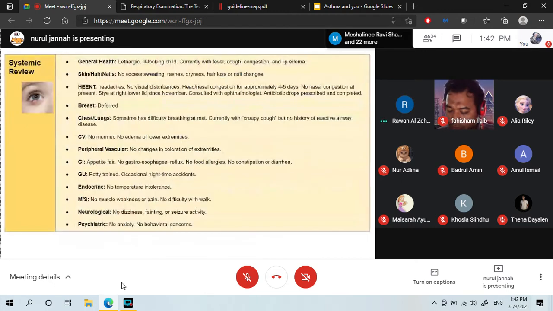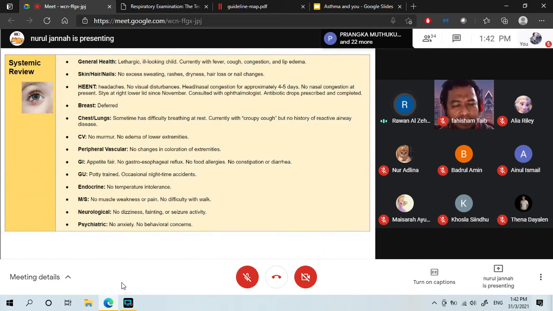Next slide. For the systemic review, for general health, she seemed lethargic and ill-looking, with the current fever, cough, congestion, and lip edema.